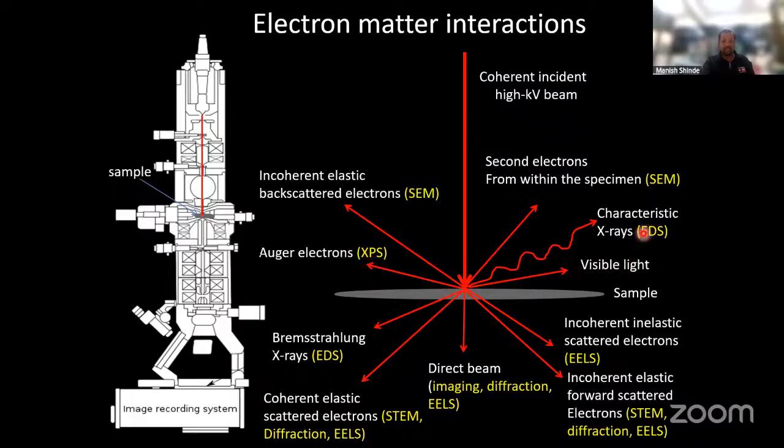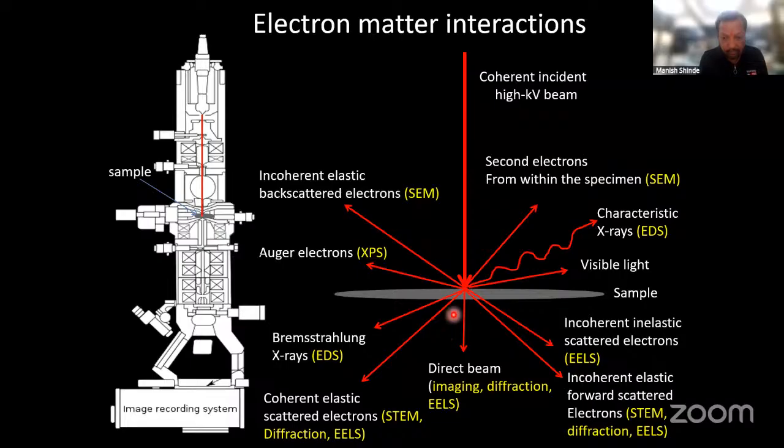Each kind of reflection gives a kind of signal. Secondary electrons give one signal. Incoherent elastic scattered electrons or backscatter electrons also generate one signal. Auger electrons generate one signal. X-rays generate one signal. If you apply the detectors, you can capture those signals and you can generate the images and other information in the reflection mode.